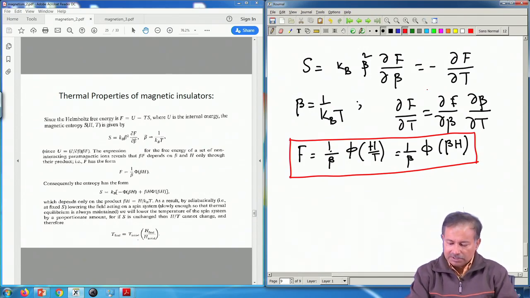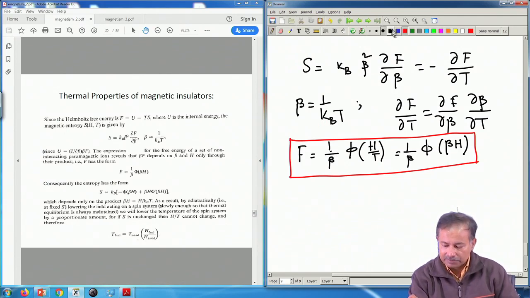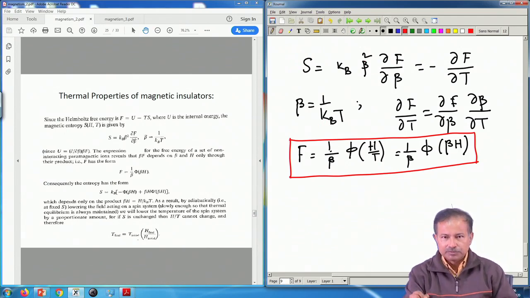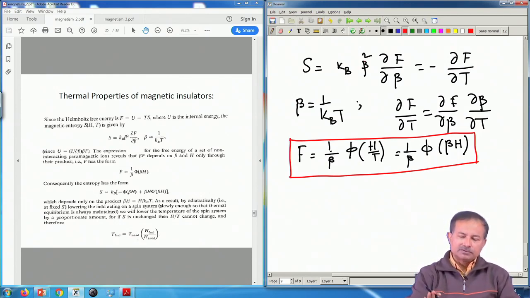Now, I can immediately do the derivative that I want to do to calculate the entropy. But before I do the calculations, let me tell you what I am trying to do.